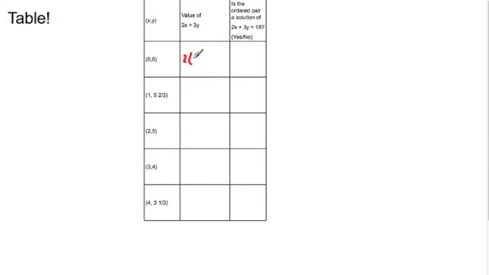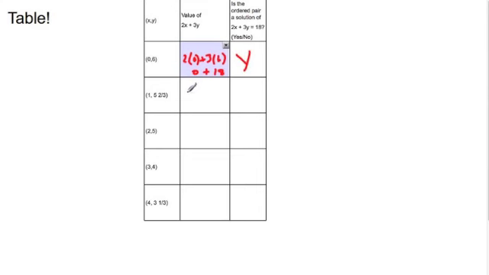So 2 times 0 plus 3 times 6. 2 times 0 is 0 plus 3 times 6, which is 18. So I get 0 plus 18, which is 18. Then is the ordered pair a solution?